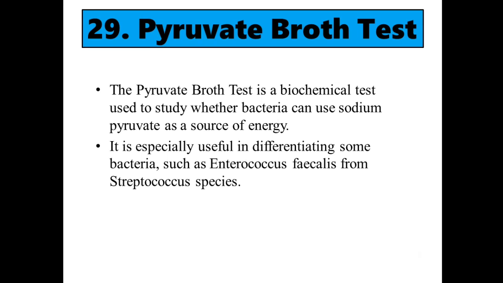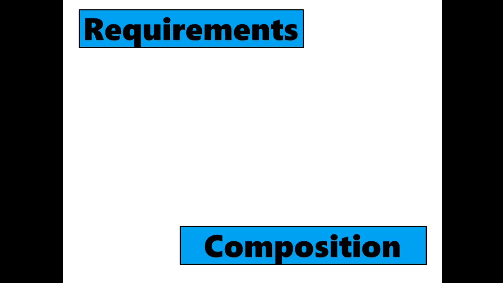We use it to check the differences between Enterococcus faecalis and Streptococcus species, because we know that both are cocci and both have the same colonies on the media. So if we want to know which bacterium is Enterococcus and which is Streptococcus, we perform the pyruvate broth test. Let's see the requirements and the composition of the test.